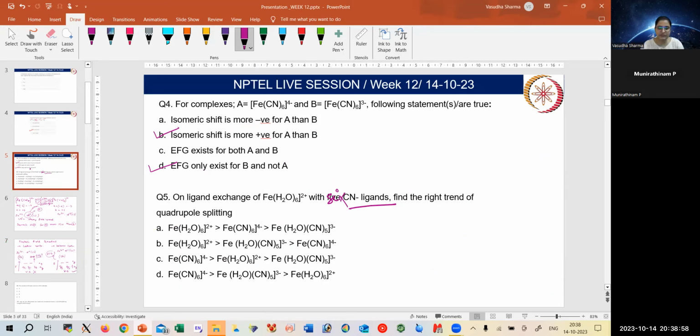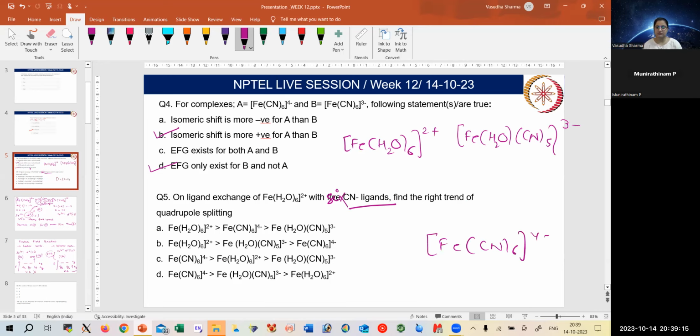So we have basically iron water 2 positive, iron water CN5 3 negative, and iron CN6 4 negative. This we already saw that in iron 2+, d6 low spin, electric field gradient is 0. Therefore, this should be the last one, right?